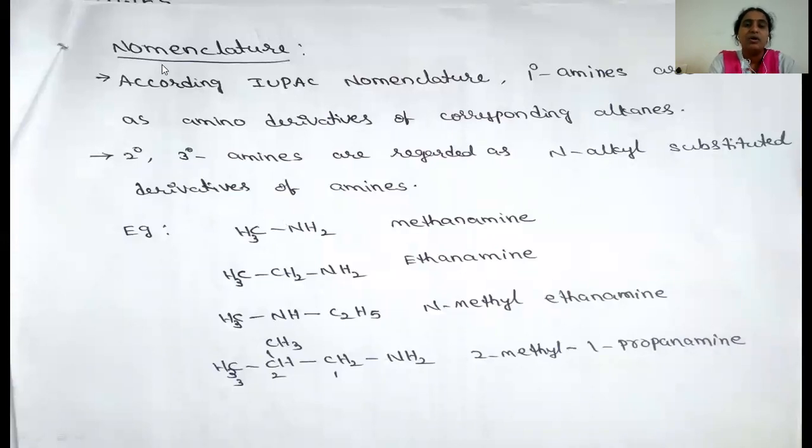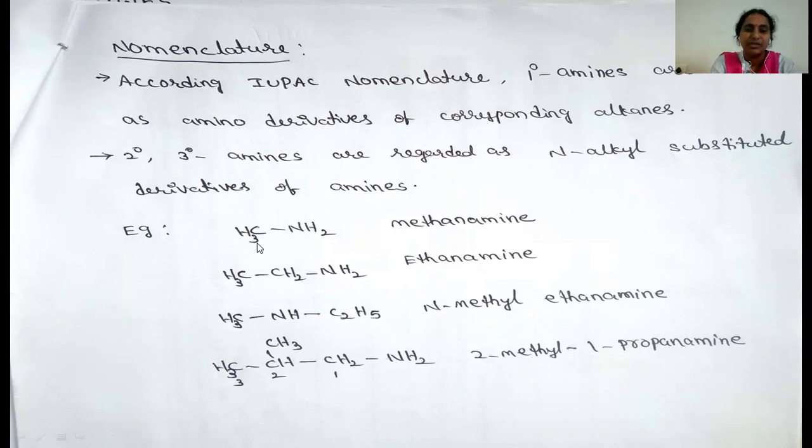Next, coming to nomenclature of amines, according to the IUPAC nomenclature, primary amines are generally represented as derivatives of the corresponding alkanes, whereas secondary and tertiary amines are regarded as N-alkyl substituted derivatives of amines.